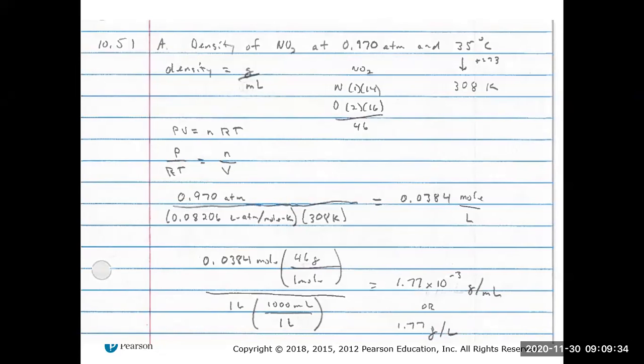And so that would be the molecular weight. So it would be 1 times 14 plus 2 times 16 for a total of 46. So we'll be able to use that information to convert the moles into a grams value.